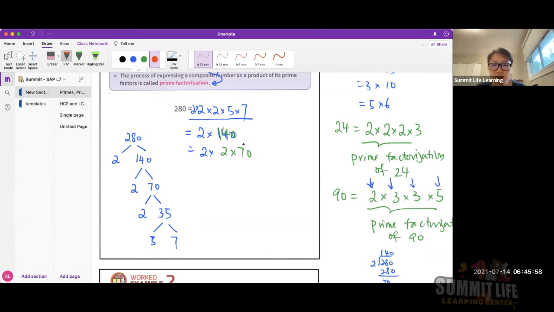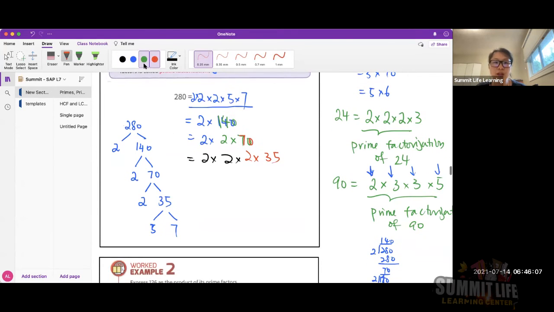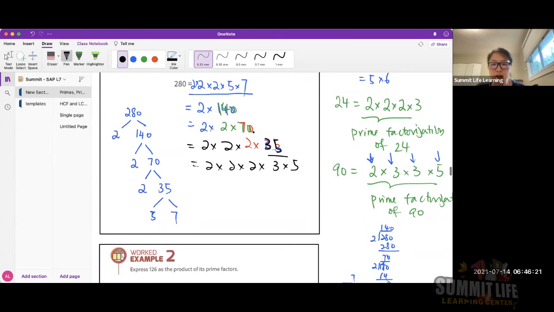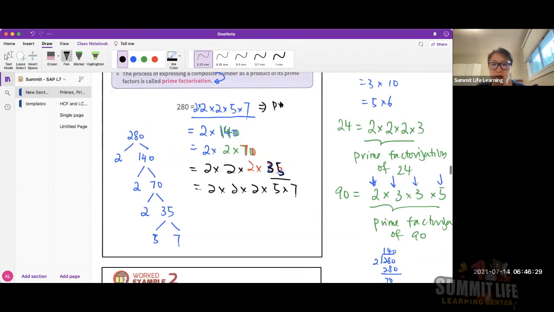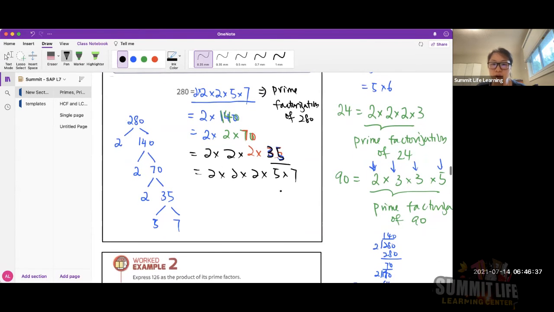This 70 you can further decompose to 2 times 35. This 35 you can further decompose to 5 and 7. That's how you obtain this expression. This expression is the prime factorization of 280.